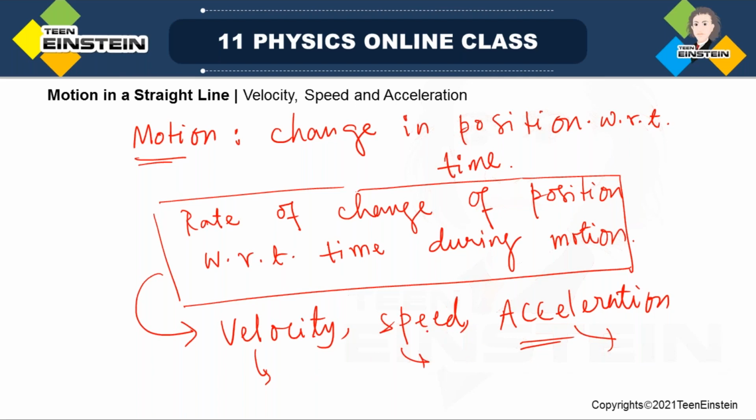So all these will give you specific information about the rate of change of motion. So these are actually our topic for the discussion today.